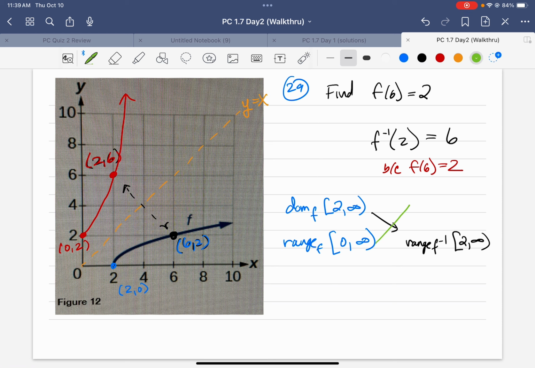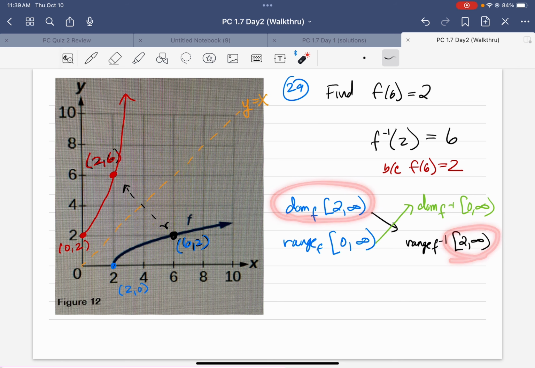But the domain of f inverse is going to be the same as the range of f, so it's going to be 0 to infinity. So we switch the role of x and y. Our x's turn into our y's, and our y's turn into our x's when we're talking about inverse functions. All right, so that is all of 29 through 32.